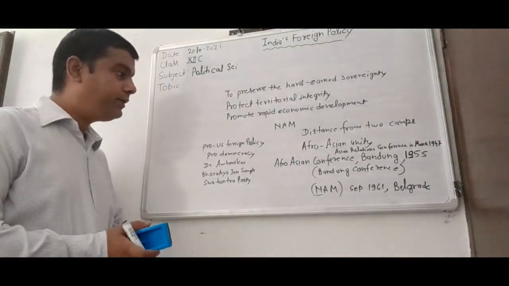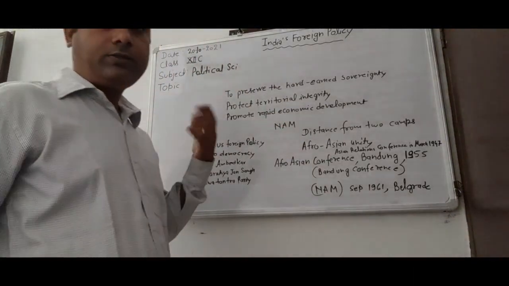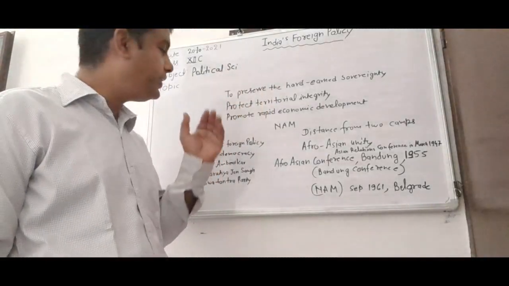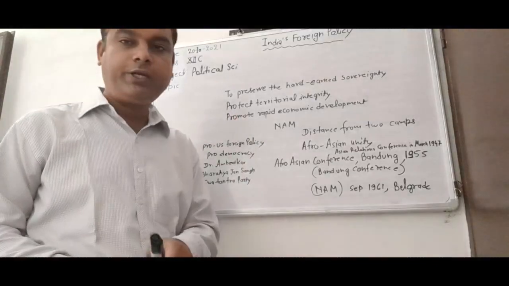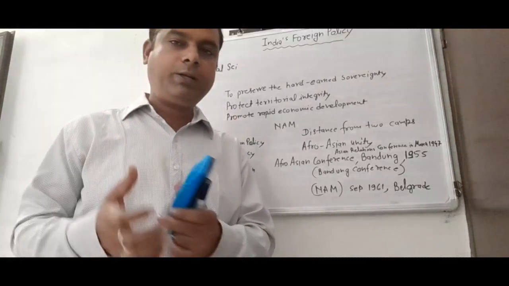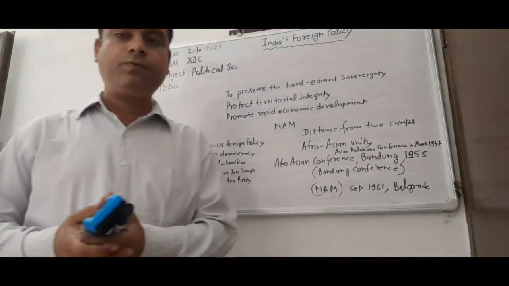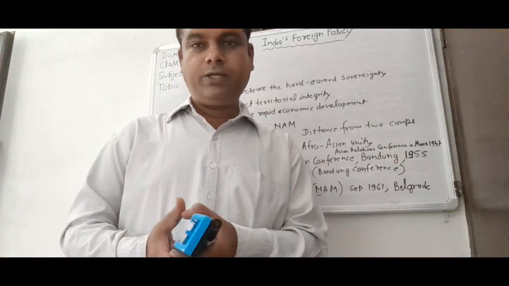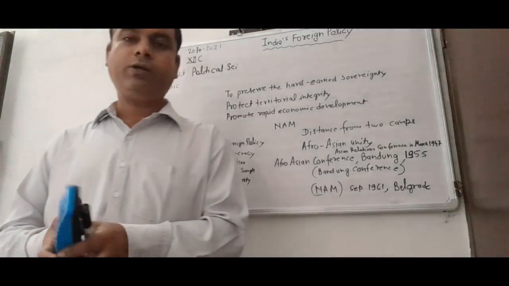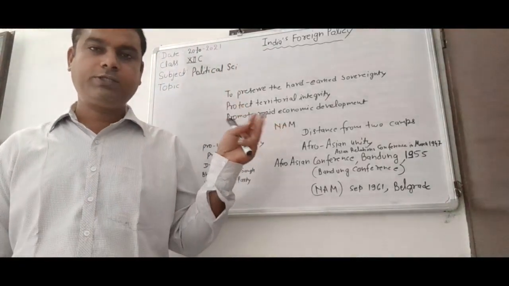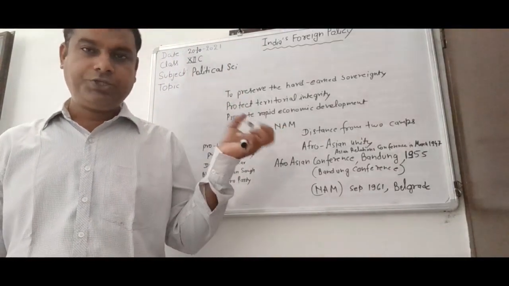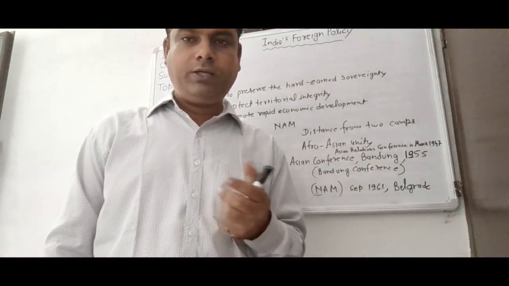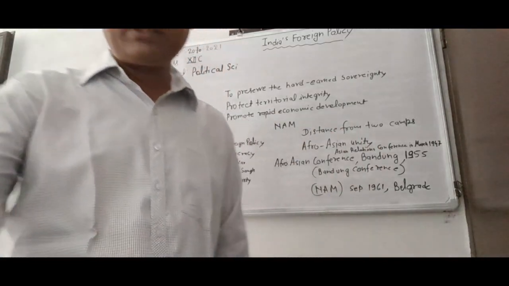India wanted to preserve the hard-earned sovereignty, protect territorial integrity, and promote rapid economic development. These are part of our foreign policy. Plus, the foreign policy of any country is to fulfill its national interest. That is why India adopted the policy of NAM and Asian African unity, because it fulfills the national interest of our country.